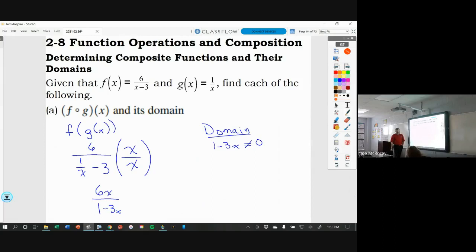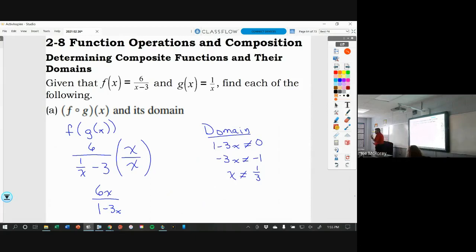Simplify that, we'll subtract 1 from both sides. Negative 3x cannot be negative 1. Divide both sides by negative 3. X cannot be 1/3.